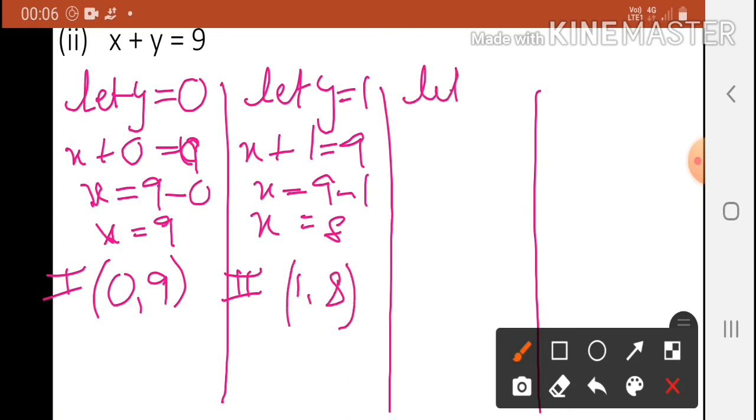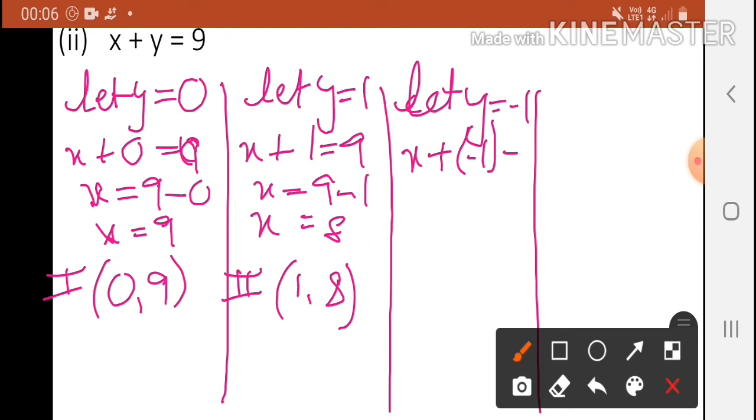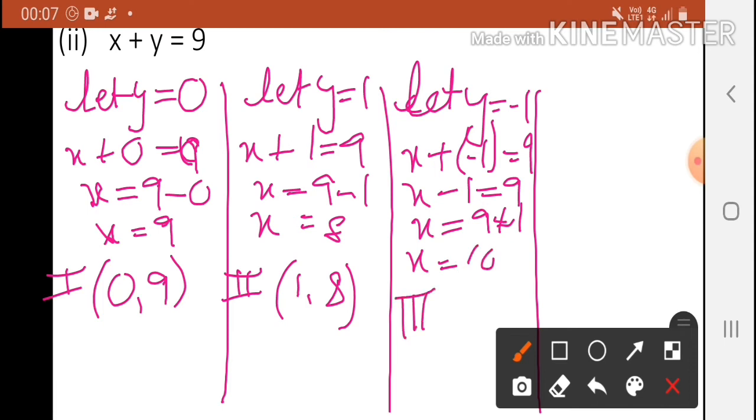Let y equals -1. x plus -1 equals 9, x minus 1 equals 9, x equals 9 plus 1, so your x will be 10. So your third solution is (10, -1).